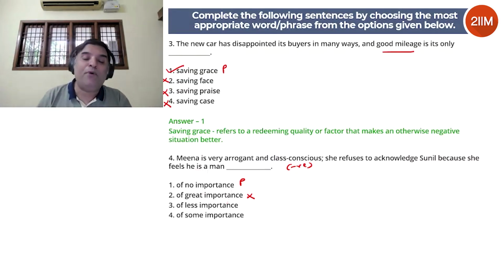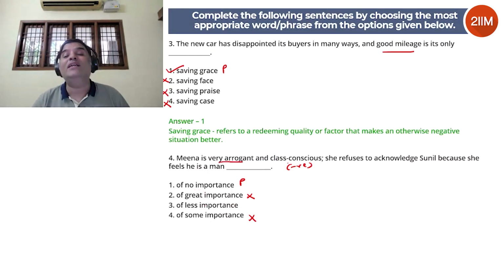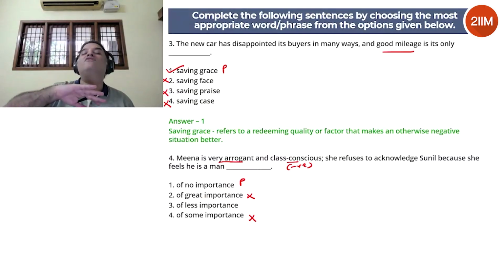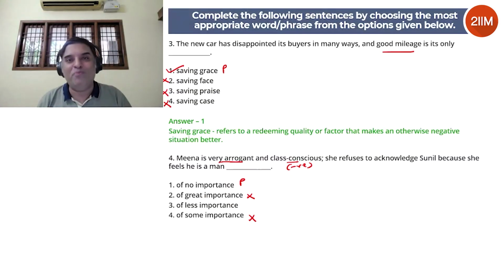Now, less importance. And the other one says man of some importance. Some importance will not fit because she is very arrogant and class conscious. She's clearly disregarding him, so some importance is neutral or positive. It won't fit. Now we have less importance as well. So think about it: what is better, of no importance or of less importance? Remember, she's very arrogant and class conscious. So chances are she thinks that Sunil is of zero importance or no importance.